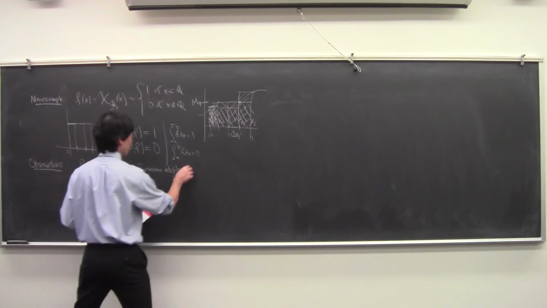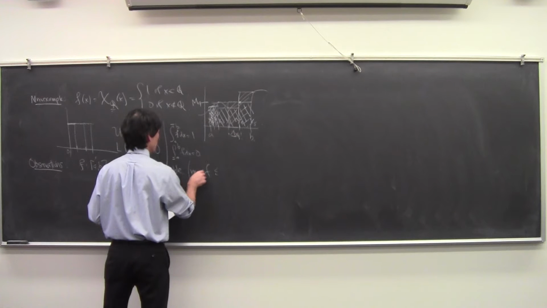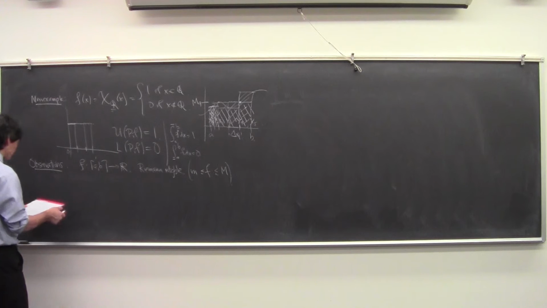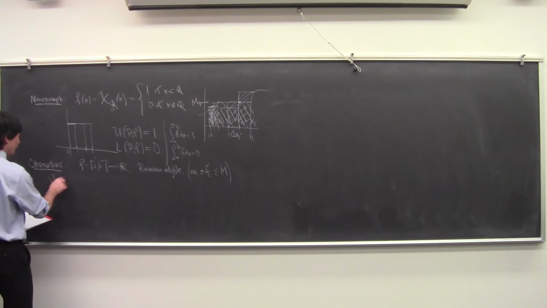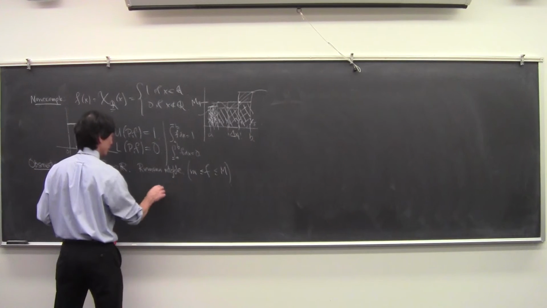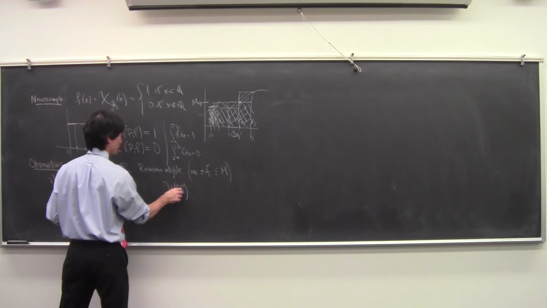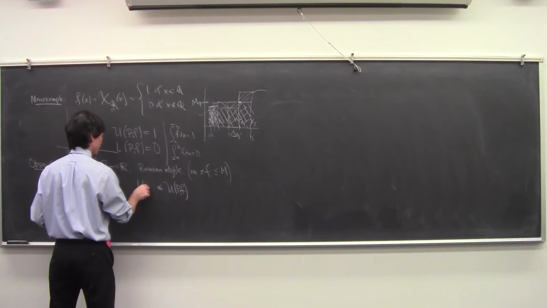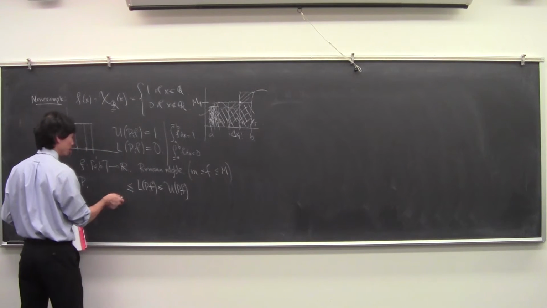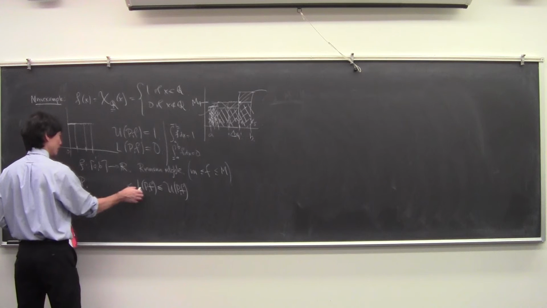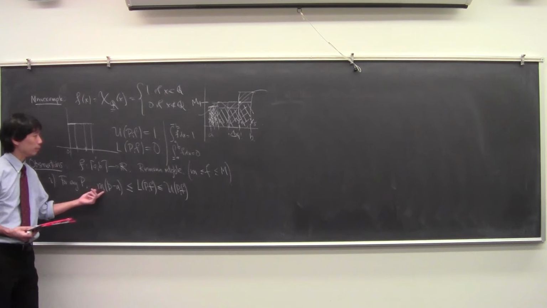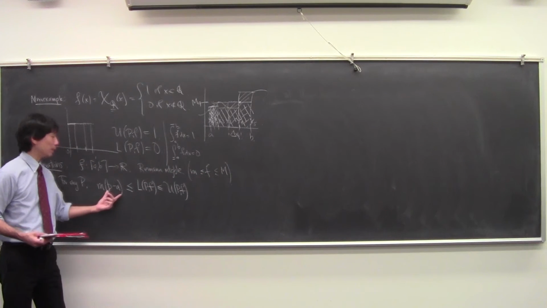Okay, so we know that f lies between some small m and some big M. It's a bounded function. The first observation is that for any partition P, you have that the upper sum is bigger than or equal to the lower sum. Now we already knew that. Let's throw in a little bit more. That lower sum, you can also say is bounded below by the lower bound of f times the width of the base.